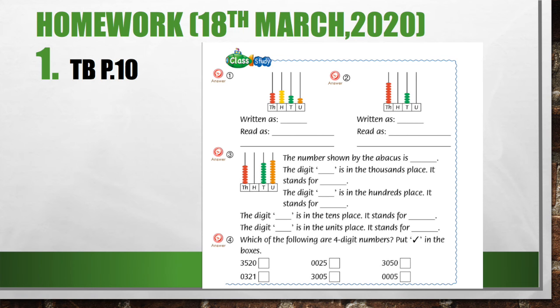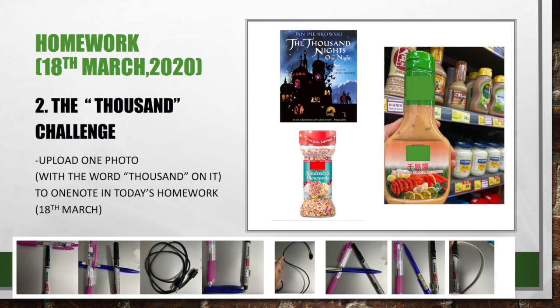So the homework for today will be the textbook 2C page 10. After finishing this, please upload to the OneNote. The second homework will be the 1000 challenge. Upload one photo with the word 1000 on it to OneNote in today's homework.